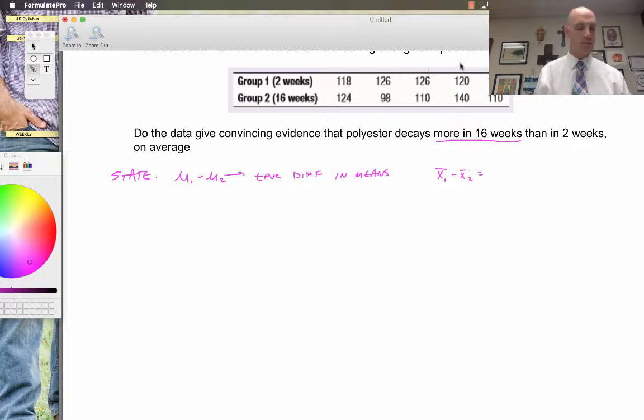When you find the means for these, this is 128.3 and this is equal to 116.4. That's just the mean for those 5 samples. So when we do x bar 1 minus x bar 2, we do 128.3 minus 116.4, and we get a sample mean difference of 7.4.